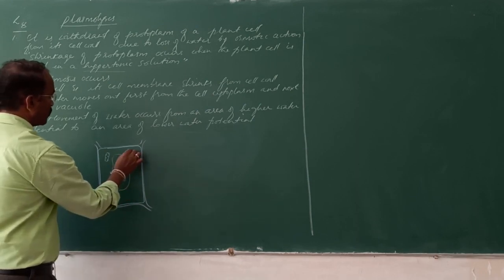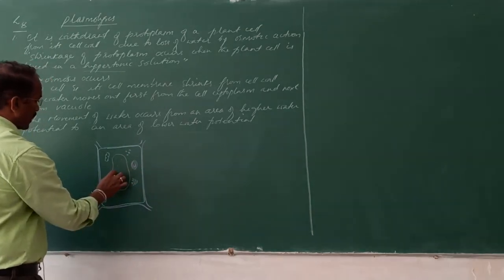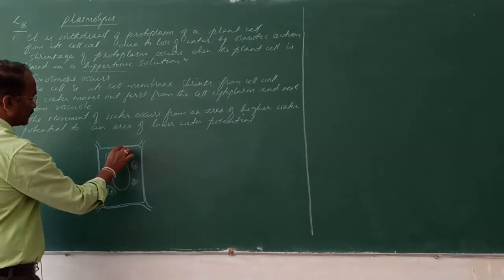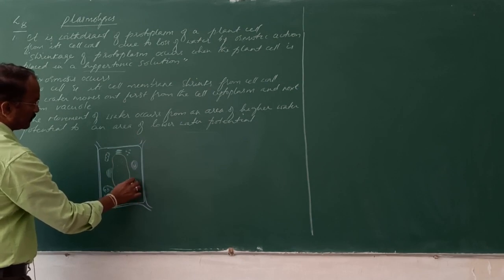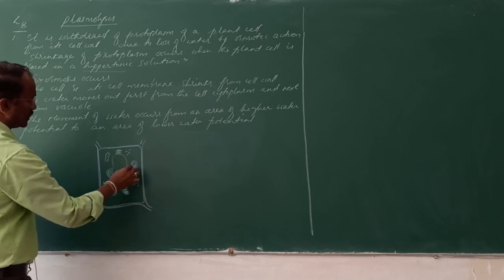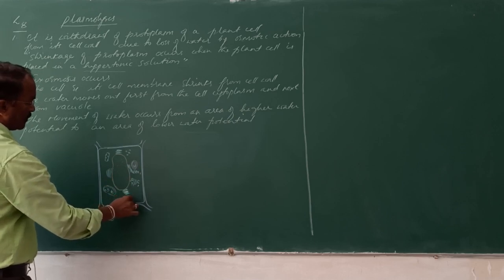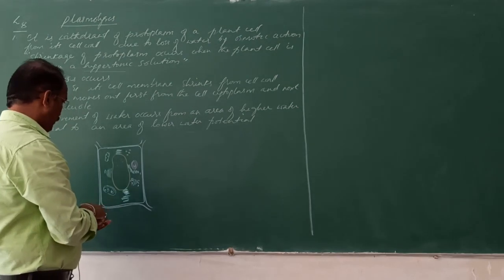So ribosomes, then the Golgi complex, next the endoplasmic reticulum, so all this will be there within the cell.